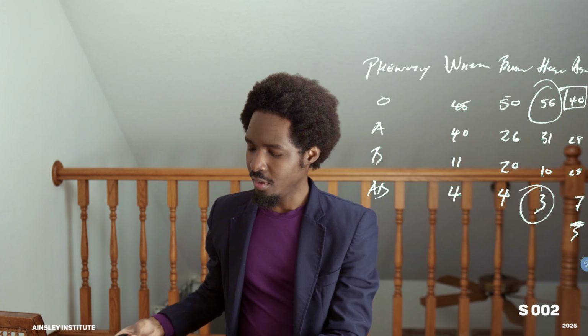So a person who is A has this marker. A person who is B has this marker. And a person who is O or H has this marker.